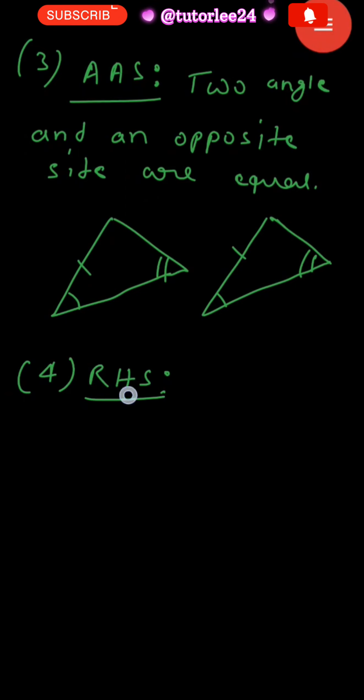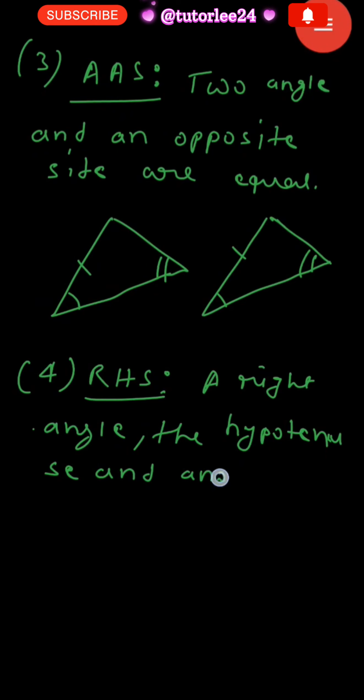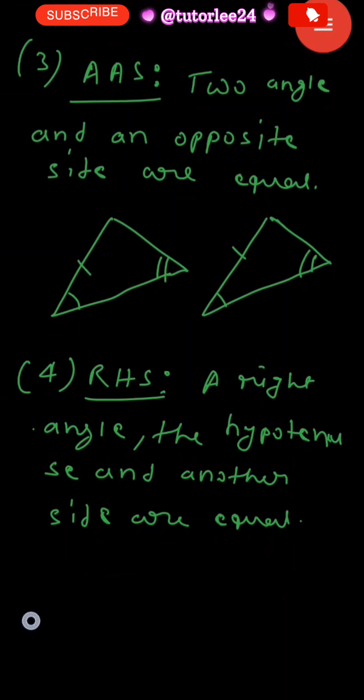So according to the RHS condition, a right angle, the hypotenuse and another side are equal. So try to understand through a diagram.